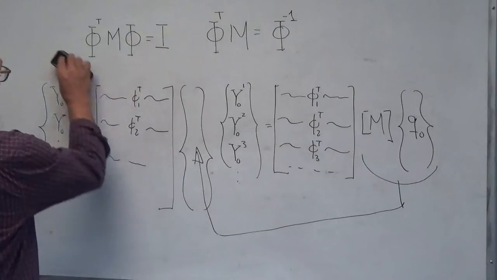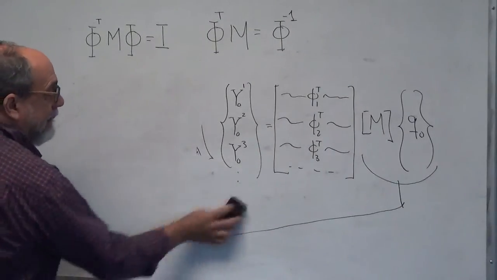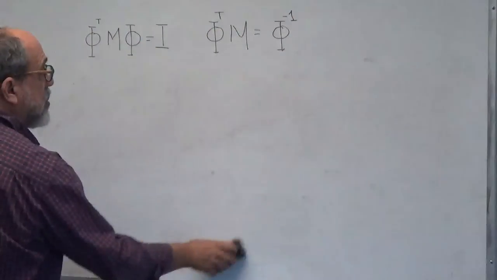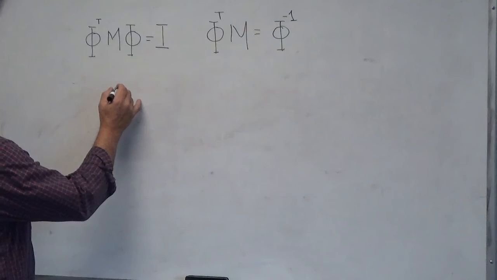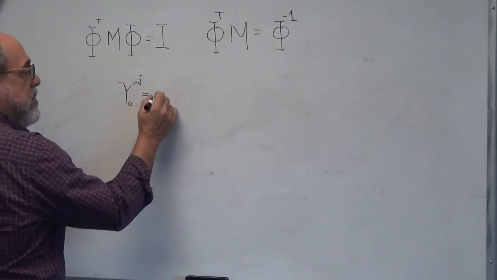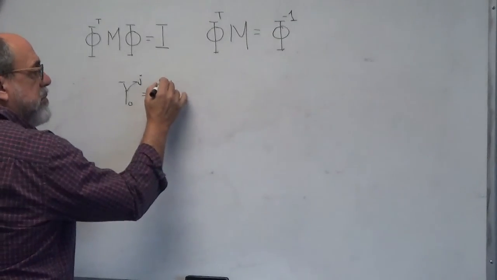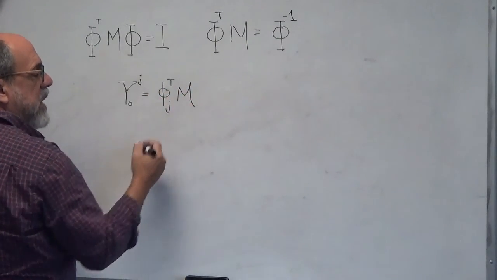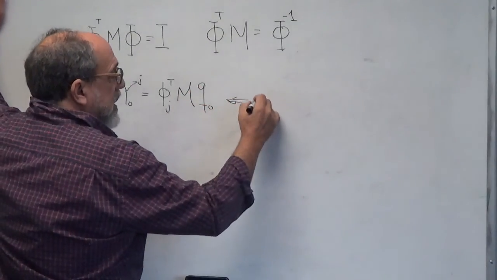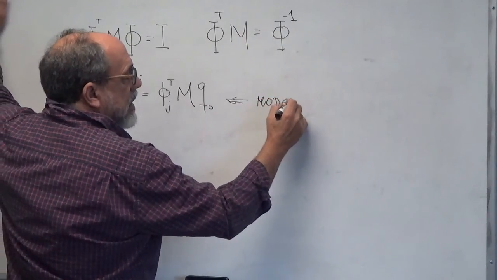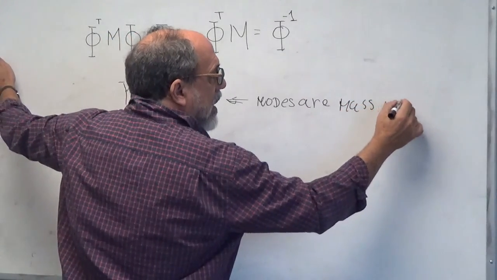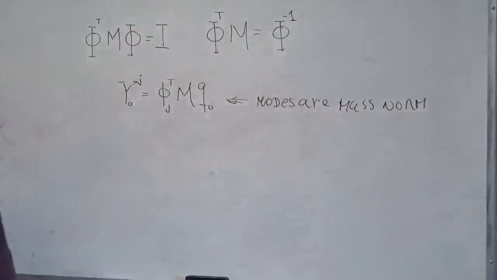So we can say that our initial conditions are: Y0 in mode J is simply phi J transpose multiplied by the mass matrix multiplied by Q0, provided, of course, that the modes are mass normalized.